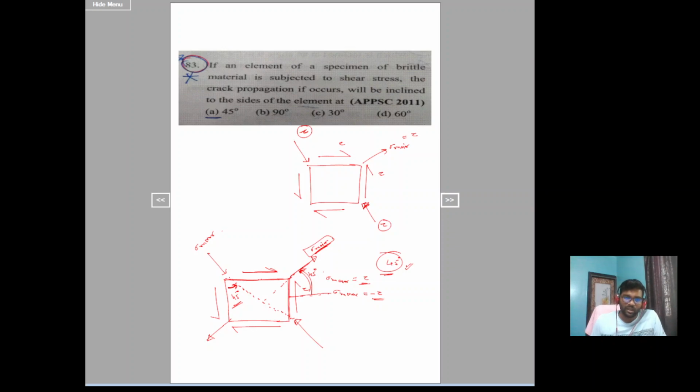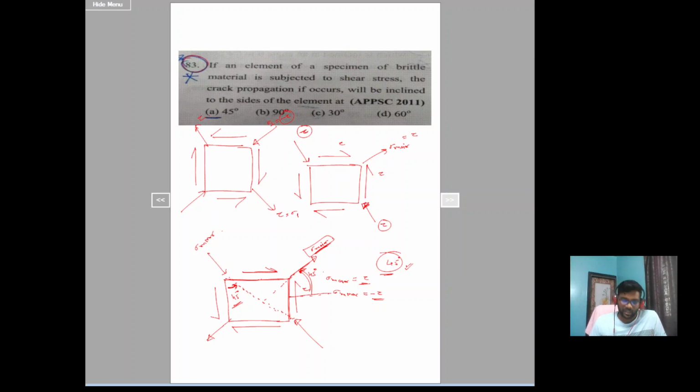If you take the stress condition opposite to the before mentioned one, here you will get tau, that is the major principal stress sigma 1, tensile, and compressive sigma 2, that is minus tau. So whatever stress condition you take, you will get the crack on the plane making an angle of 45 degrees.